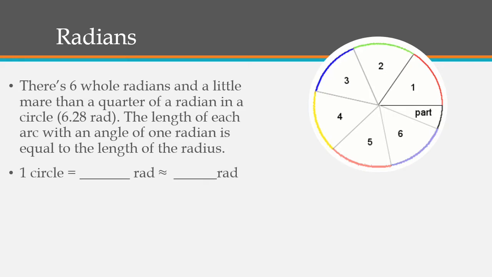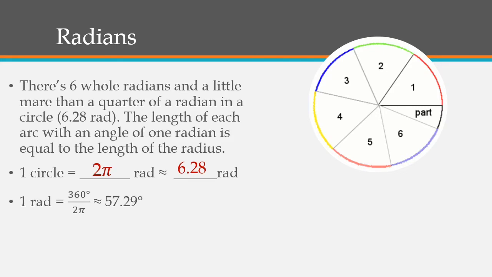So one circle, if you think of the length around the entire circle with radius 1, will be equal to 2 pi, which is where we get the 6.28 from.